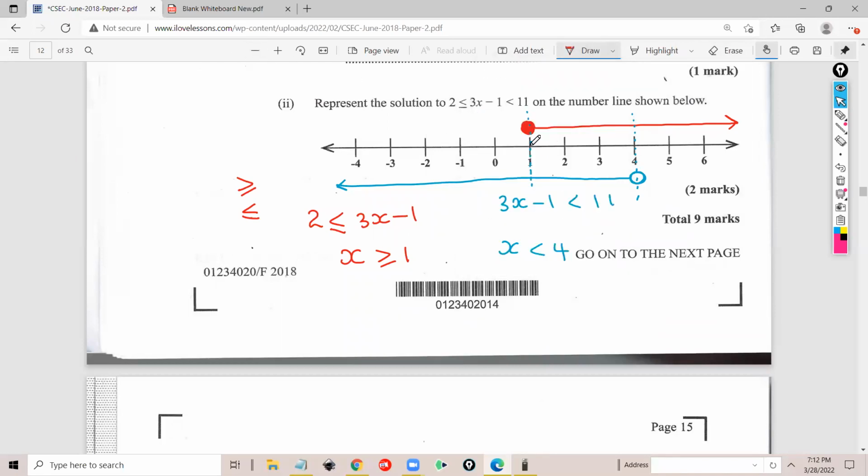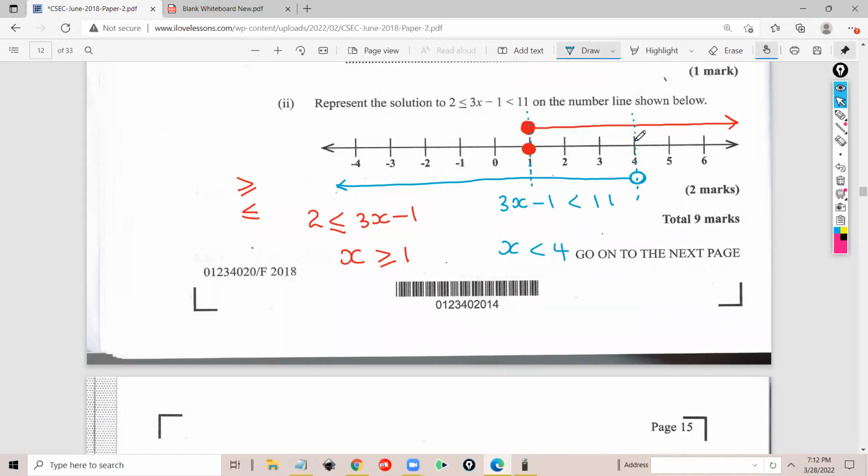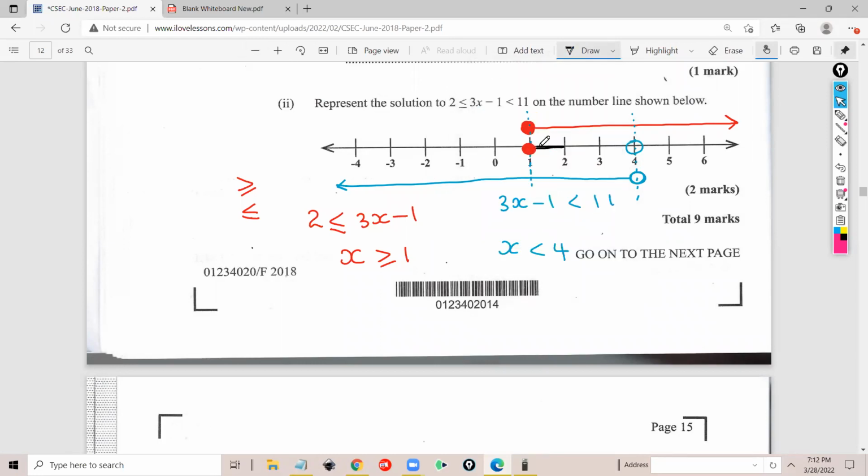You have to take your pencil, shade over here, and then go over here on the number line itself. Put an empty circle here, and then join those two regions, right? Let's make it a little bit darker or thicker in the exam, right? You're not drawing the top piece here, and you're not drawing the underneath piece here in your final answer. The final answer is only this piece over here.